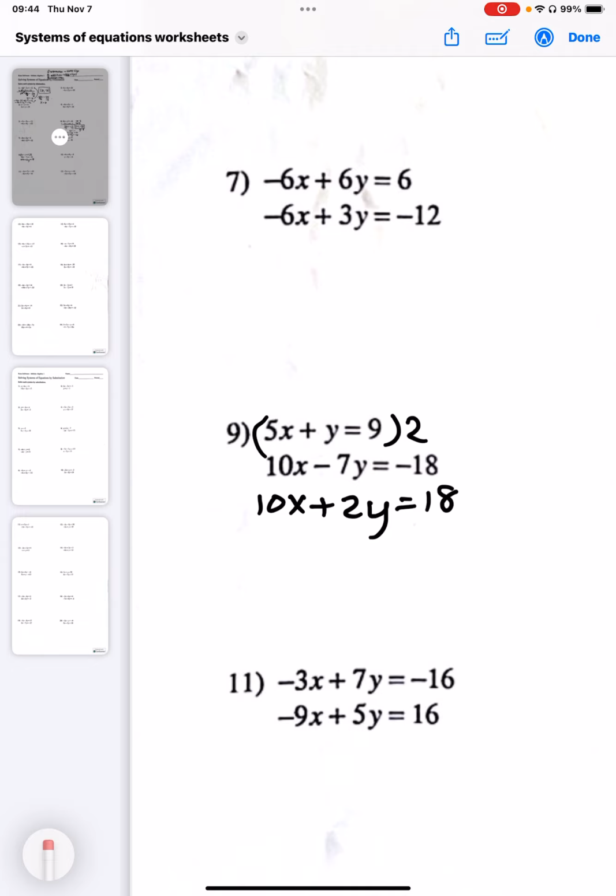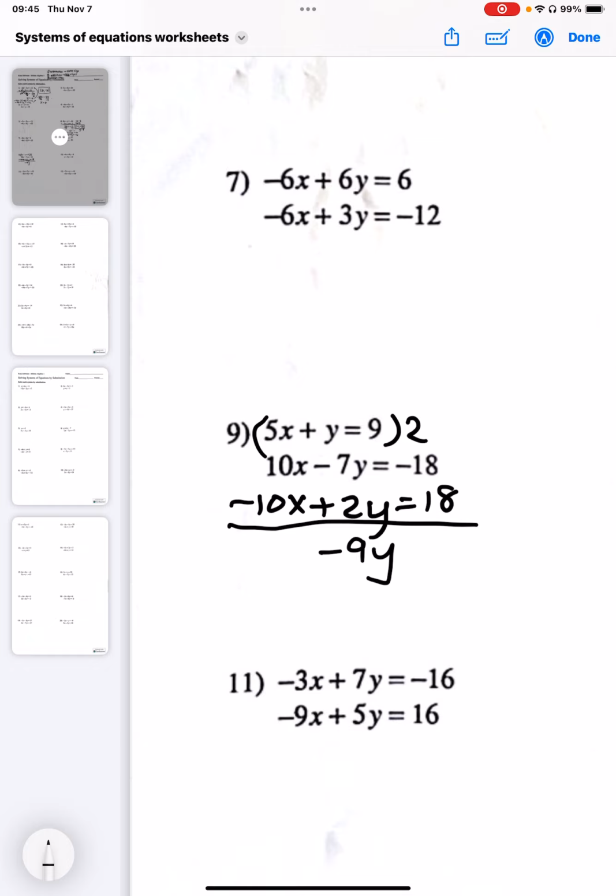Now we have the same values, right? We have a 10x and a 10x. This means that we can subtract, because we have the same sign. So 10x minus 10x is 0x. And then negative 7y minus 2y gives us negative 9y.